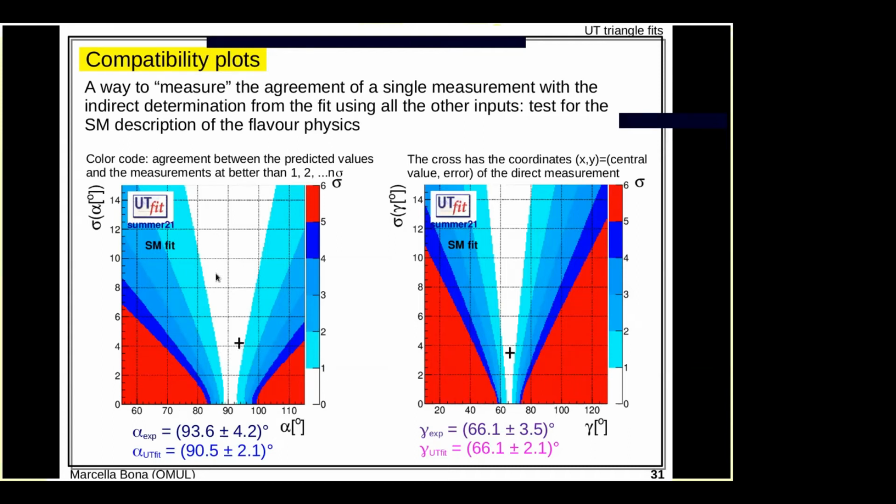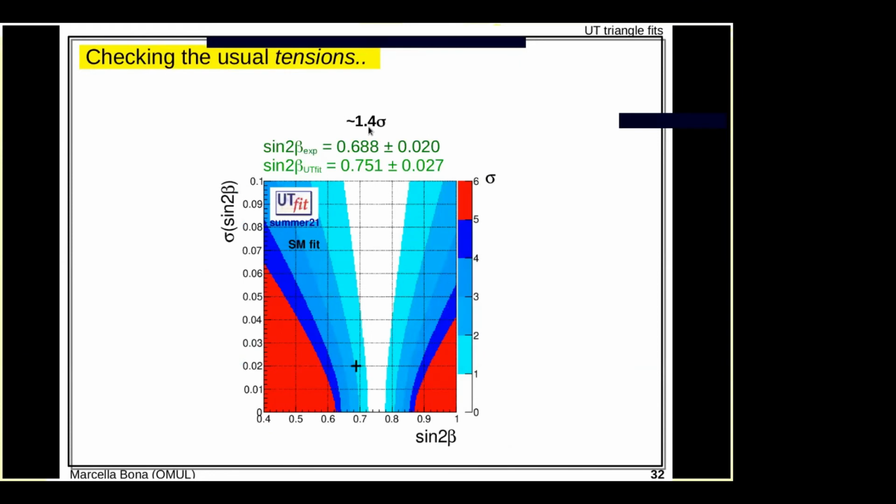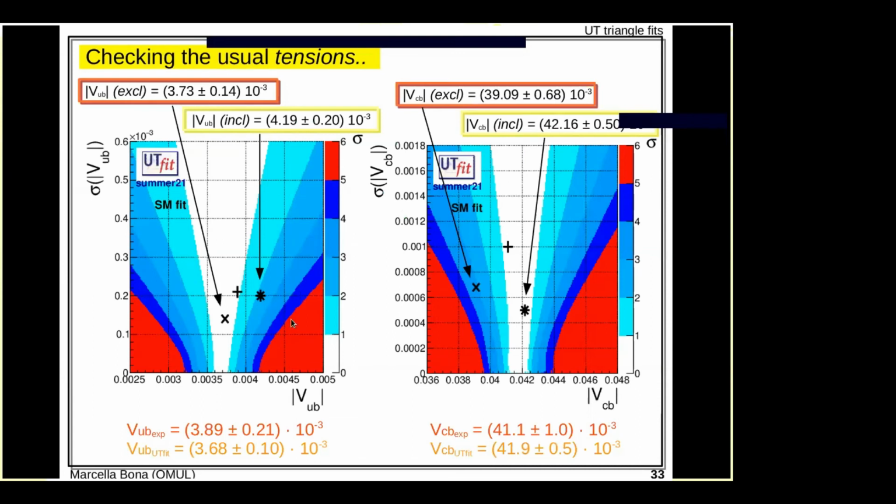And so you see how alpha and gamma are amazingly spot on. There is a little bit of tension since a long time on sine 2 beta, so you see that it is a little bit more than 1 sigma. And there is the expected tension that I already mentioned between VUB and VCB. Now, here I have the cross, which is the average that I'm using.